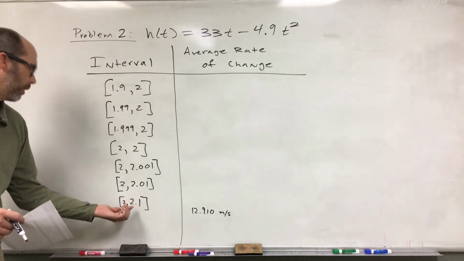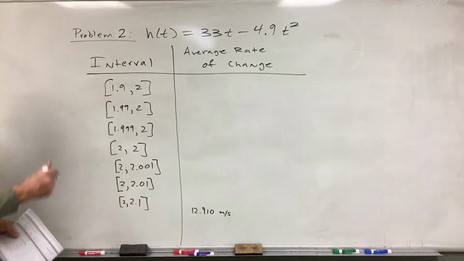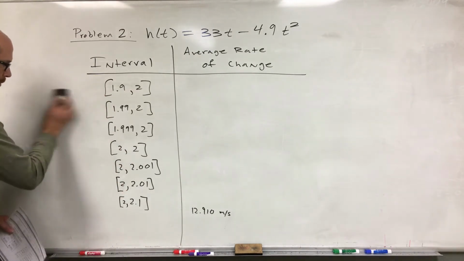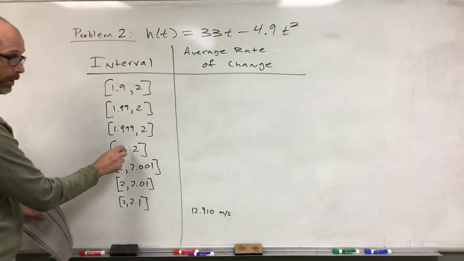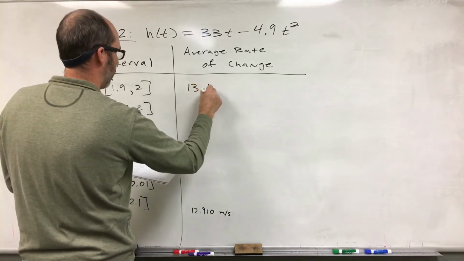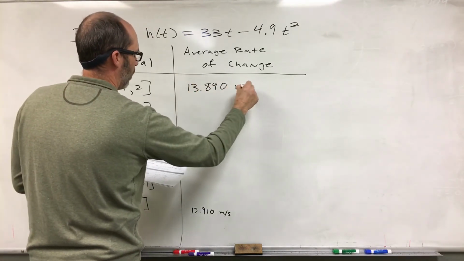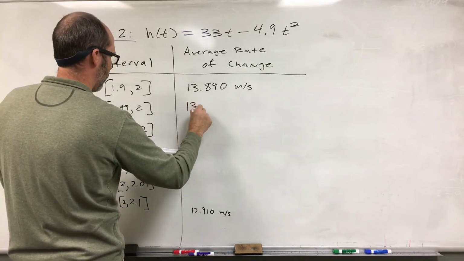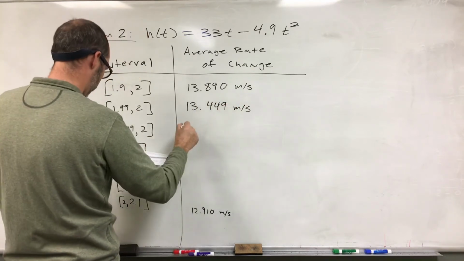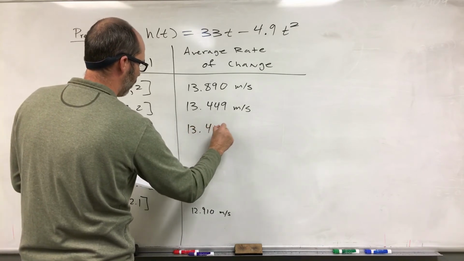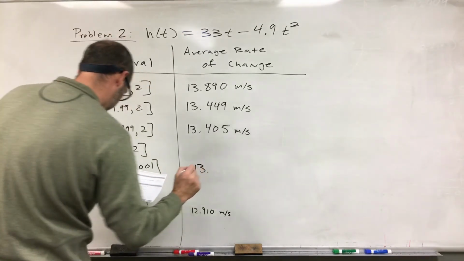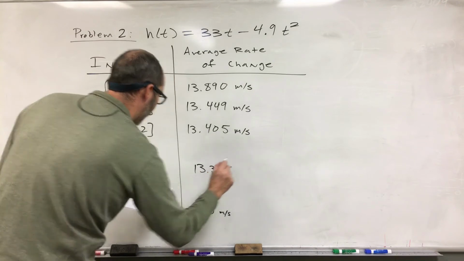If we do exactly the same thing, computing the change in h over the change in t for each of these intervals, except for this one, I'm going to talk about that in just a second, we get all of these numbers. 13.395.